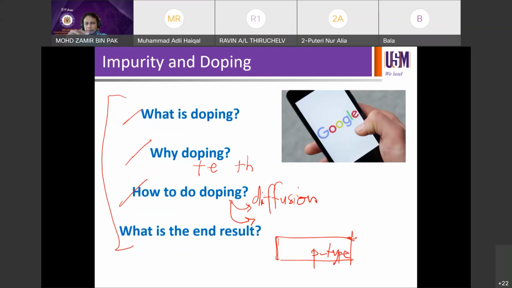So nanti kita akan belajar p-type and n-type in detail, but this one is just a brief one. So to be able to create a p-n junction later on, we're going to learn. Tapi since kita dah cover doping ni, kita sentuh sikit, right? So a p-n junction simply means in the p-type wafer, you need to have a region of n-type. Okay, so you start off with a p-type wafer.